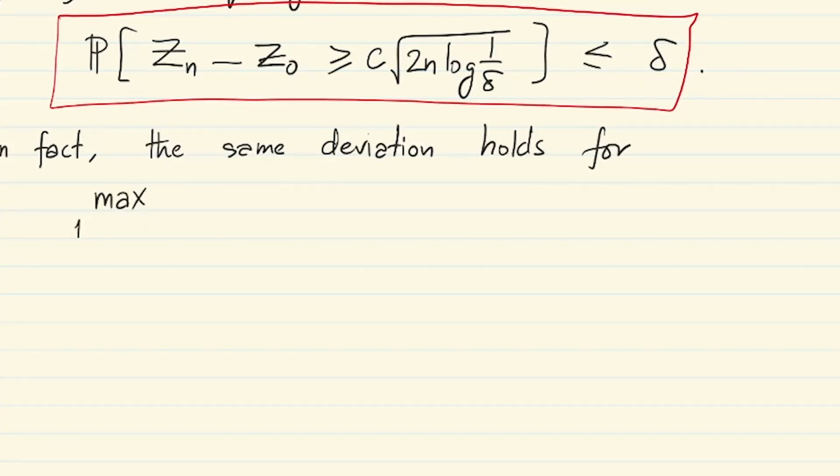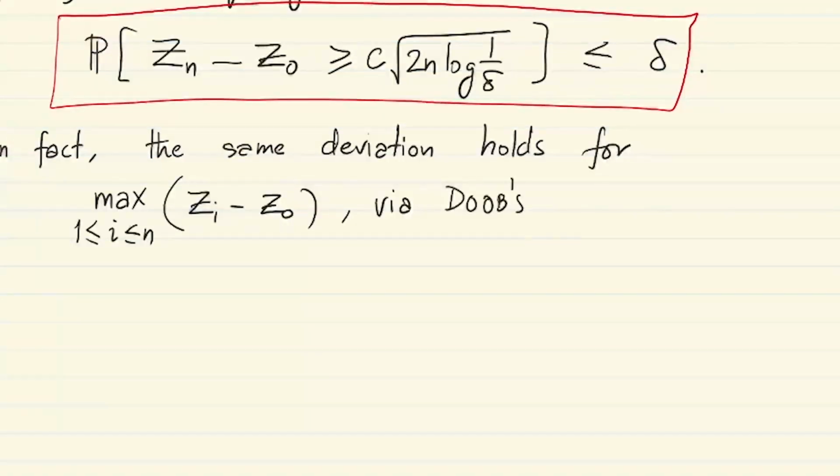So max over all i going from 1 to n of Zi minus Z0. Okay, so recall that this is of course lower bounded by Zn minus Z0. In fact, this is sort of like a uniform deviation of all the terms of the martingale Zi relative to the initial value Z0. Okay, so via what is called Doob's inequality.